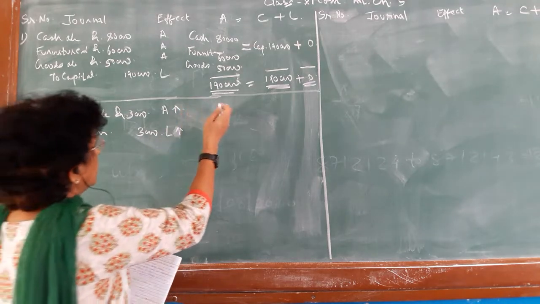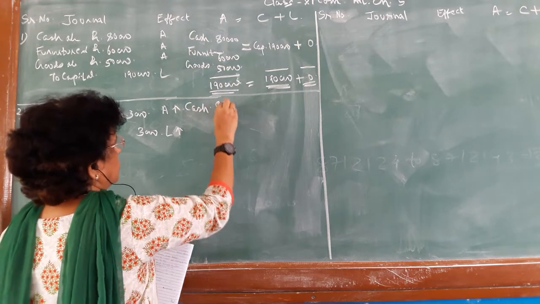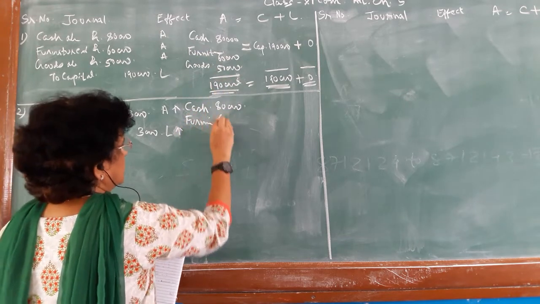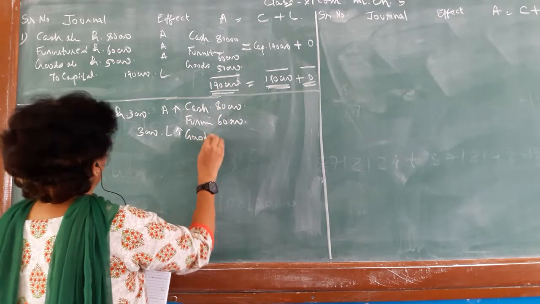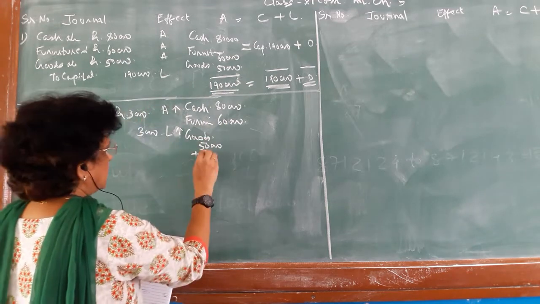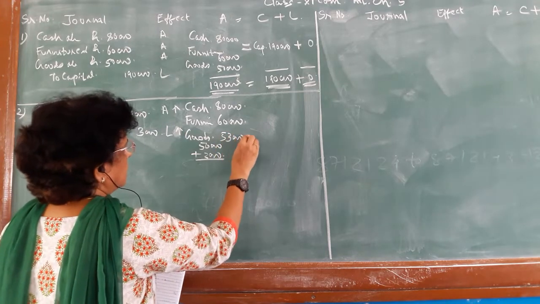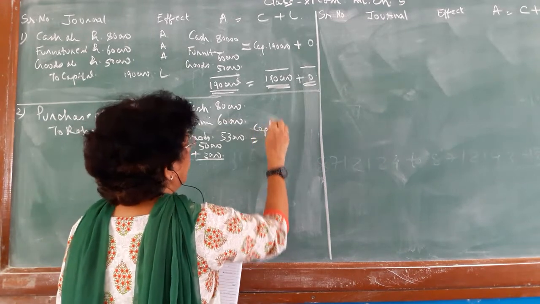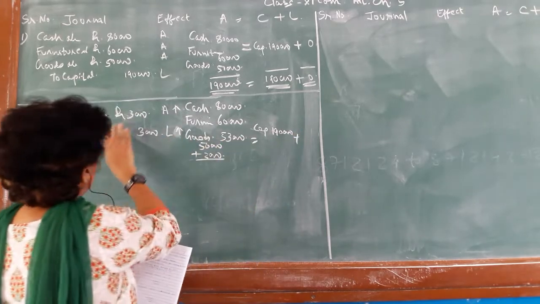Now let us see in the equation. Cash remains same, it's a credit transaction, so cash you copy the same. Furniture remains same, that is 60,000. Then goods: earlier you had goods of 50,000, plus you have purchased 3,000 more. So now goods become 53,000, equal to the liability side, where the capital remains same, 1,90,000, plus you have purchased from Rohan.